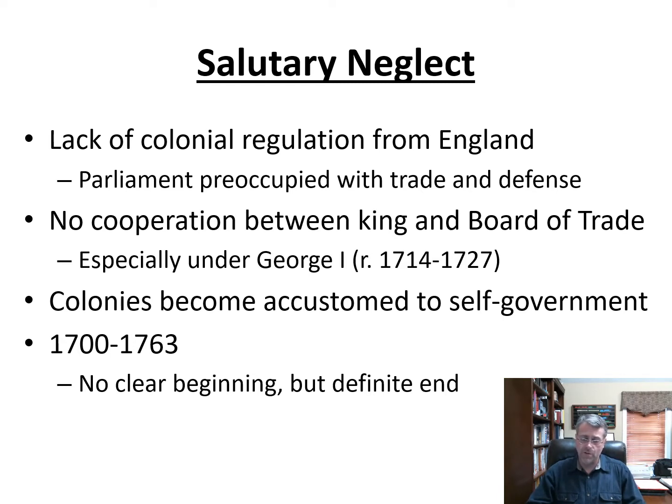And remember, we talked about this in the beginning, how anything concerning local affairs, the colonies were pretty much free to decide for themselves how to run their day-to-day activities in the colonies. But with this long period of time where England is not really directly involved in colonial affairs, the colonies start doing more and more for themselves.